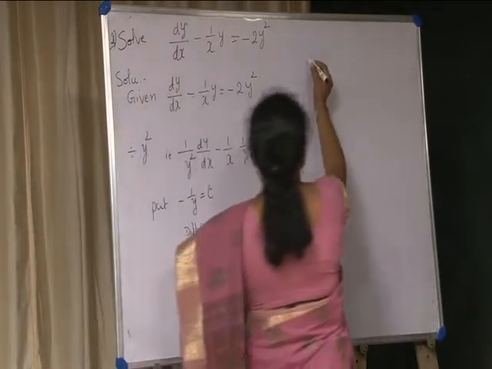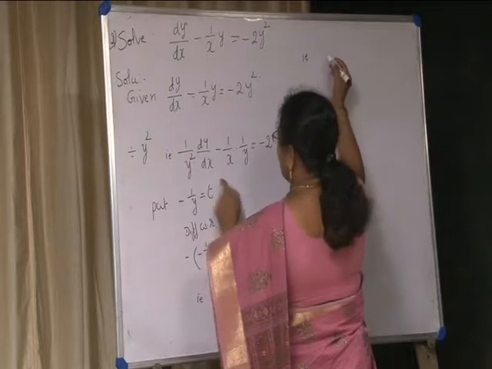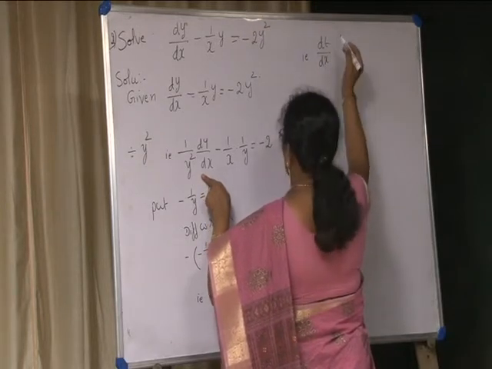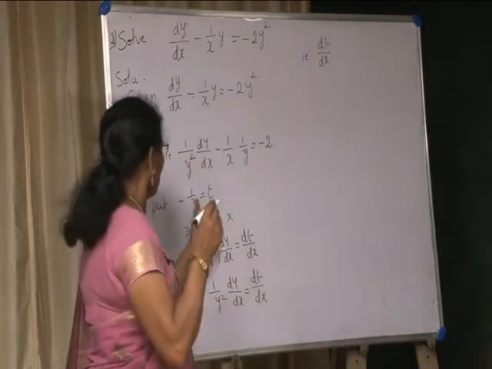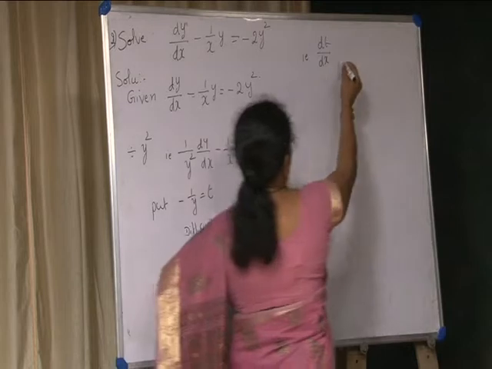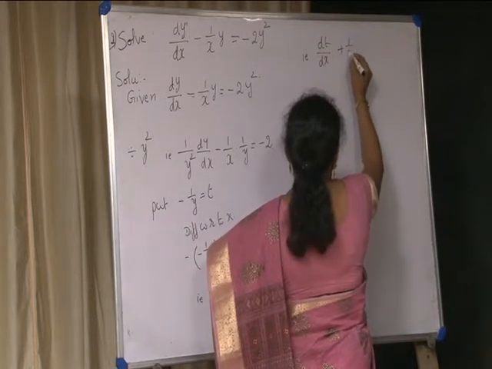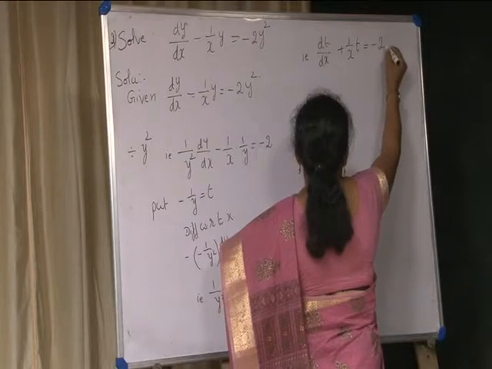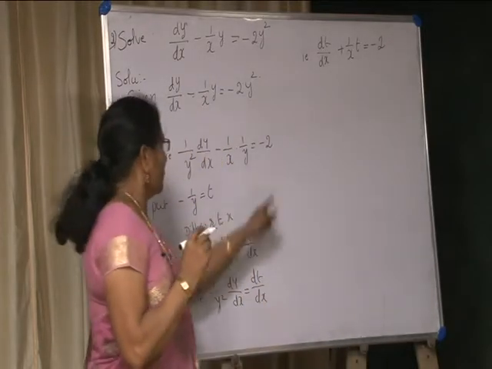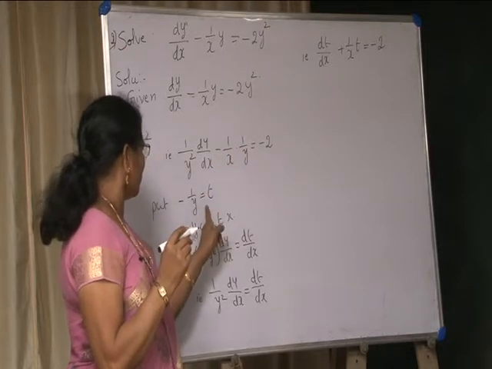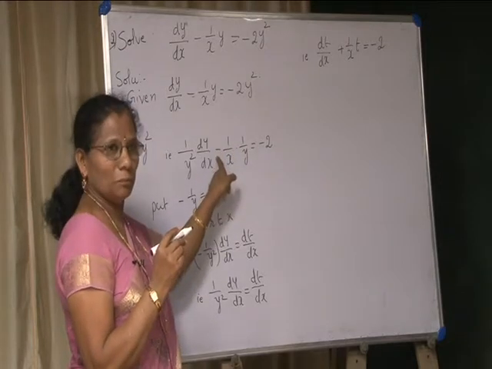That is, the equation becomes dt by dx. I have taken minus 1 over y is equal to t. Therefore, it becomes plus t by x is equal to minus 2. The RHS is minus 2. Here I have taken minus 1 over y is equal to t, therefore this becomes plus.